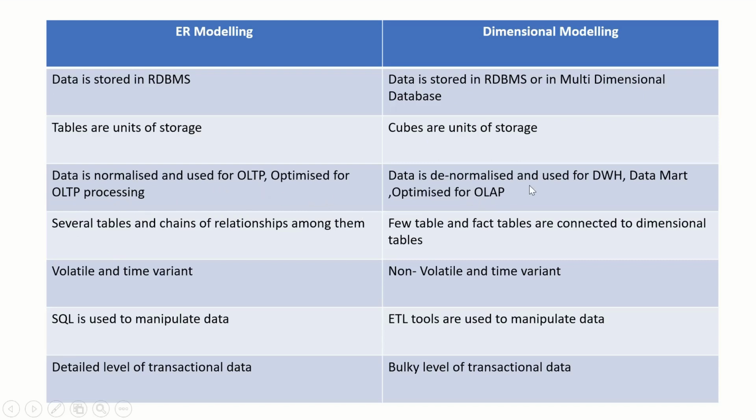In dimensional modeling, data is denormalized and used for data warehouses and data marts, optimized for OLAP. ER has several tables and chains of relationships among them, while dimensional has few tables, with fact tables connected to dimension tables. One is volatile and time variant, the other non-volatile and time variant. SQL is used to manipulate data in one, and ETL tools in the other. ER has a detailed level of transactional data, while dimensional modeling has a bulk level of transactional data.